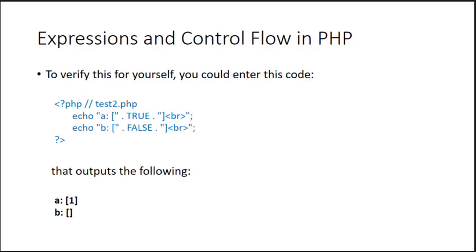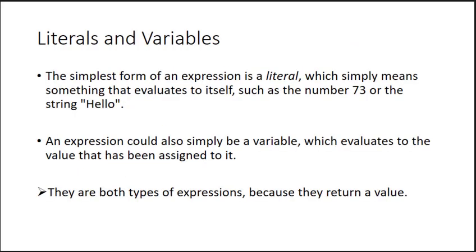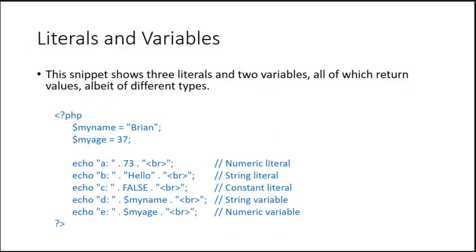Fine. Another thing to say is about literals and variables, which are considered types of expressions in PHP because they return a value. For example, the number 73 or the string hello, these are literals, and you know what a variable is. These are some examples. We have this literal Brian that returns the string Brian. 37 returns the value 37, so you can bind them to this variable and this other variable.